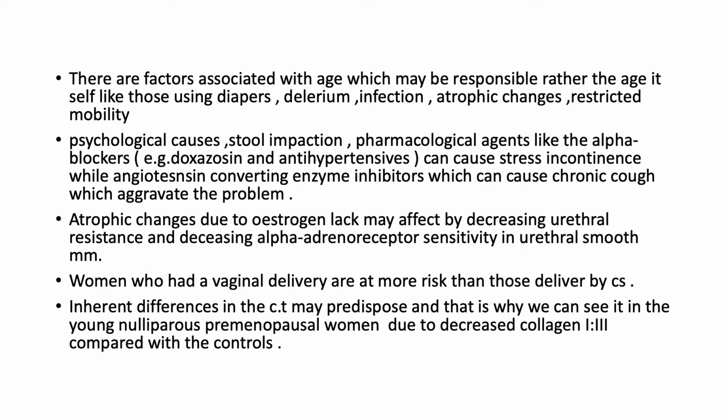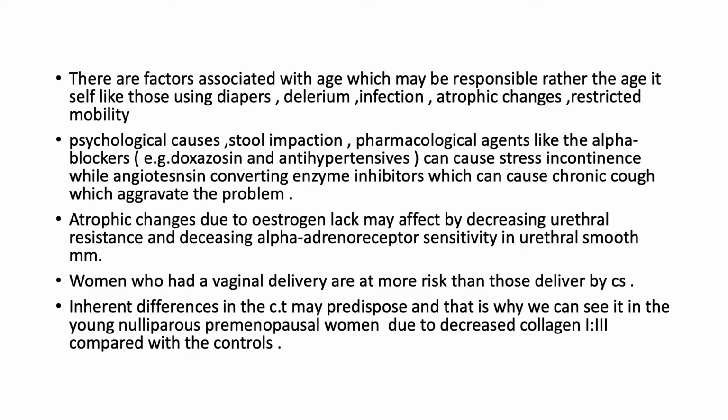And we have also a role for pharmacological agents like the alpha blockers, like doxazosin, and antihypertensive drugs, which can by themselves cause stress incontinence, and the angiotensin converting enzyme inhibitors, which can cause chronic cough, which aggravates the problem.